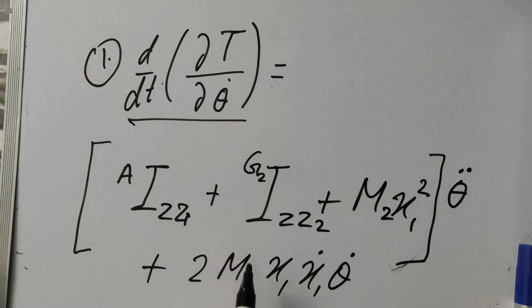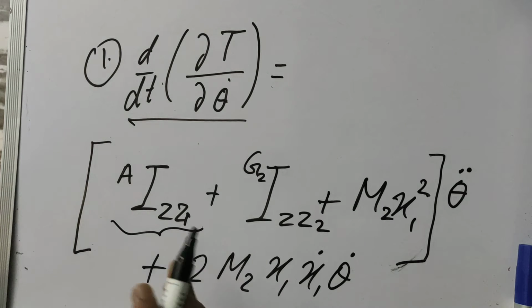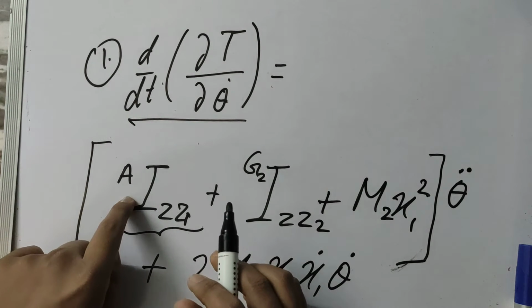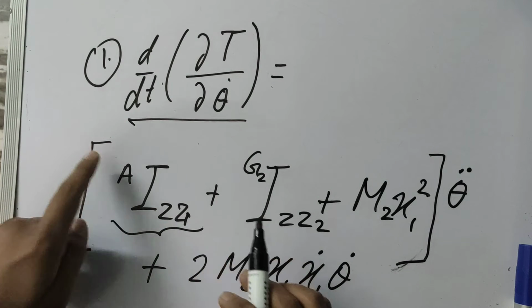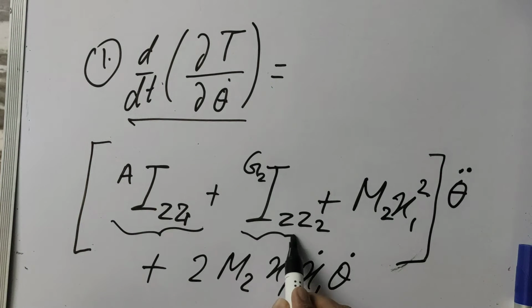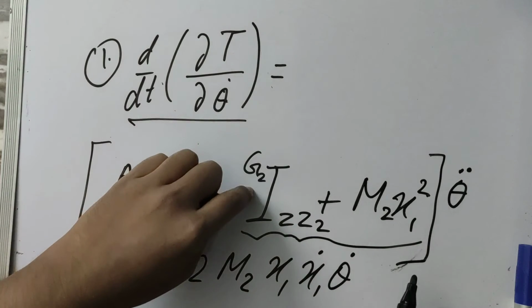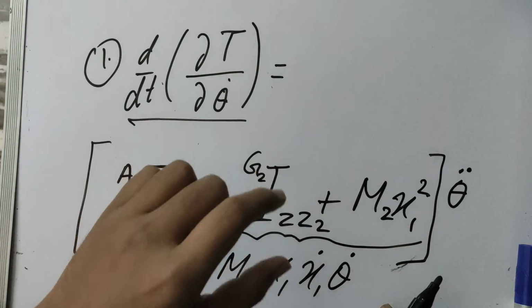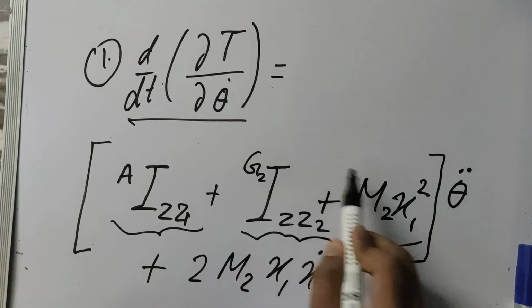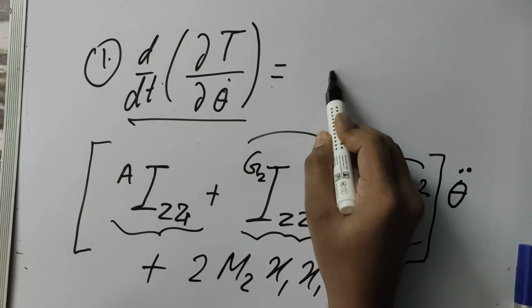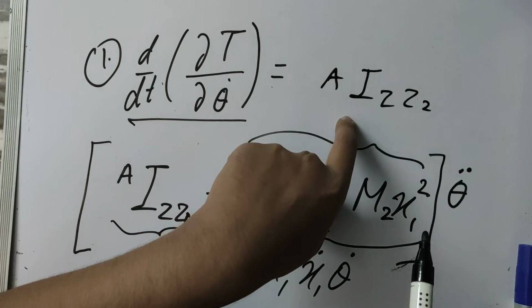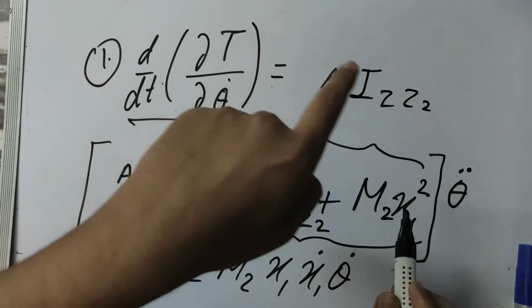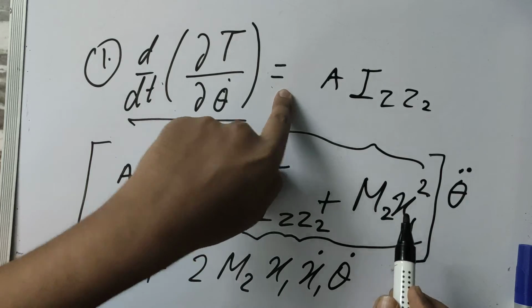Now observe here, what is this? Moment of inertia of the rod about the zz1 axis with respect to the point A. What is this expression? Moment of inertia of the sleeve about that point A. Basically this whole expression means A I_zz2, the moment of inertia of the sleeve along the zz2 axis about that point of suspension A. Why?